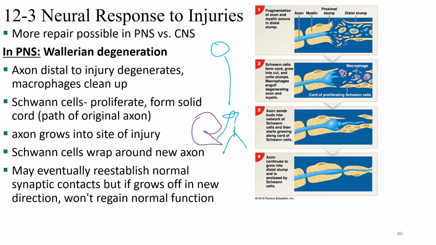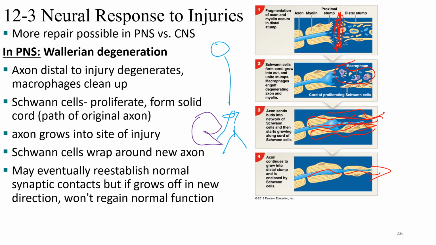So in this image on your right hand side, you can see we had some damage to this nerve. Our macrophages come in and they are going to clean up that debris, and then the Schwann cell is going to proliferate and form a cord here. And then the axon of the neuron can follow that path that the Schwann cell made for it.